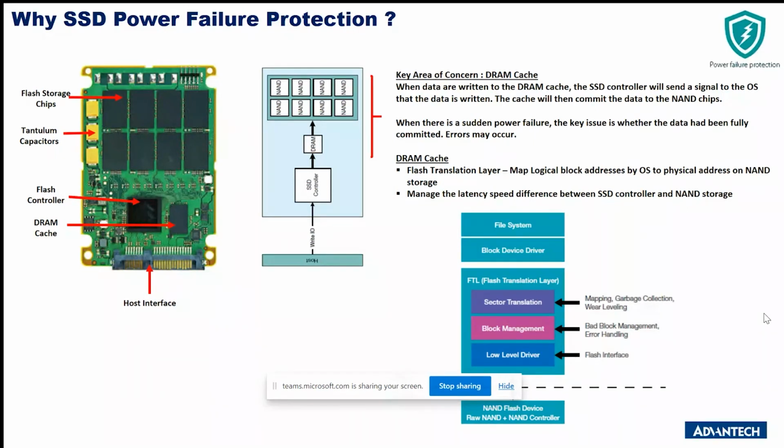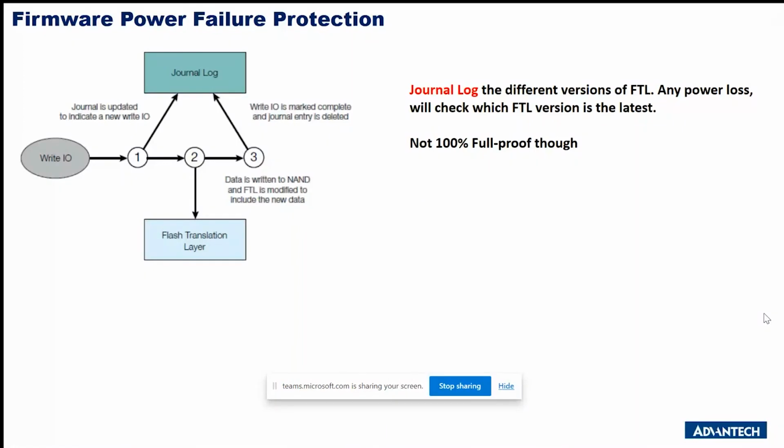Now, firmware power failure protection is the most common power failure protection. Basically, it works like a timestamp. There is a journal log active all the time.